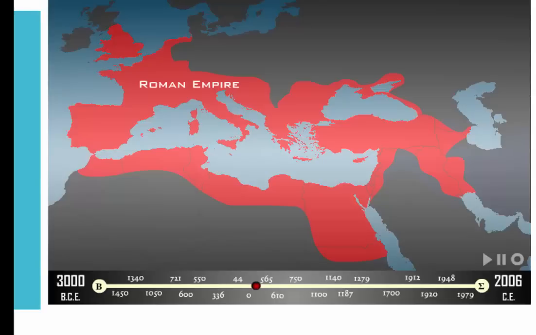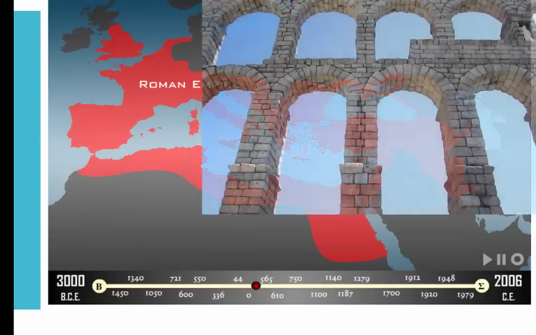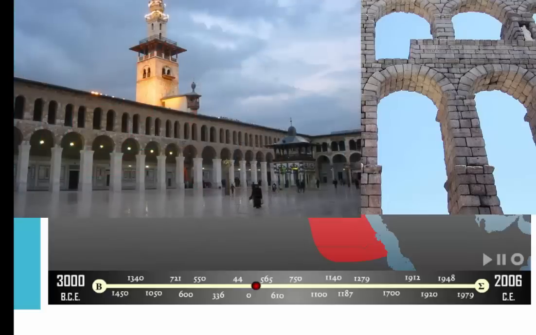The Roman Empire, right on the heels of the ancient Greeks, left us columns, left us the great architectural works of aqueducts. We'll see these aqueducts and these arches and columns show up again and again in Middle Eastern architecture. These arches and columns that you see in the image to the left are a photograph taken from the Great Mosque of Damascus.